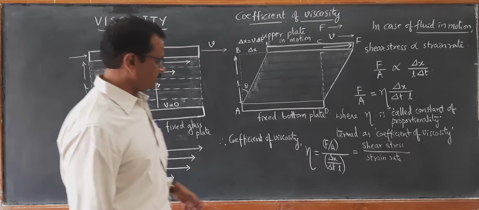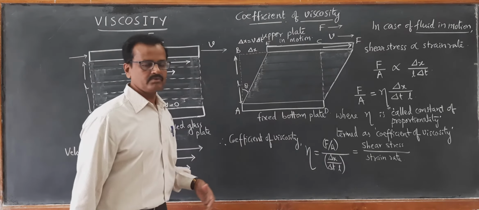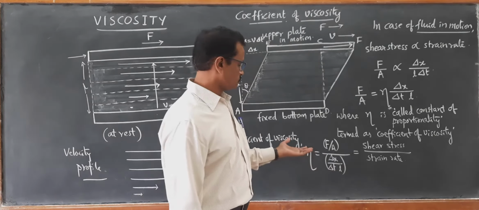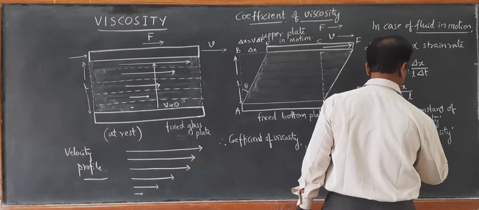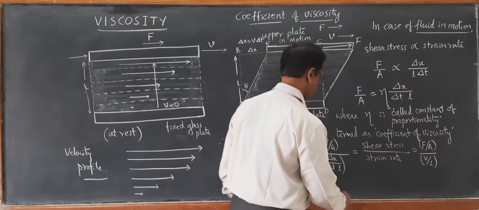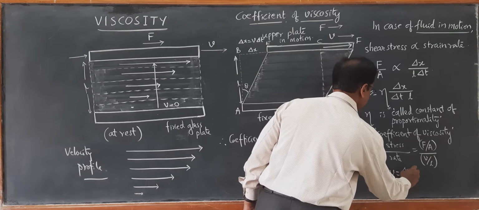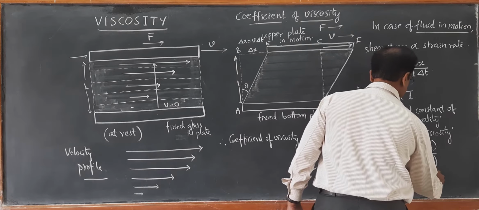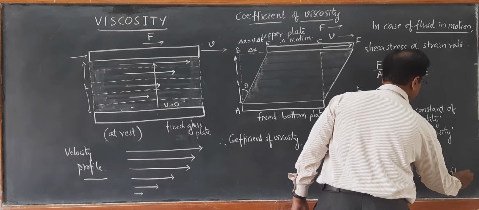Now delta x by L: if you look at this, delta x by delta t gives us the velocity v. So we can write the denominator as v by L. So the same thing, I can write it as F by A into v by L, where v is delta x by delta t, the velocity of fluid inflow.